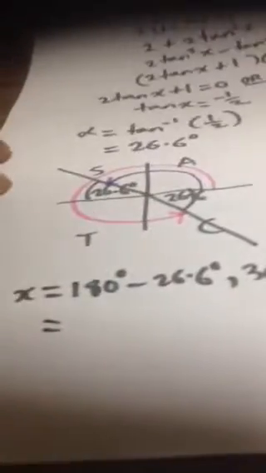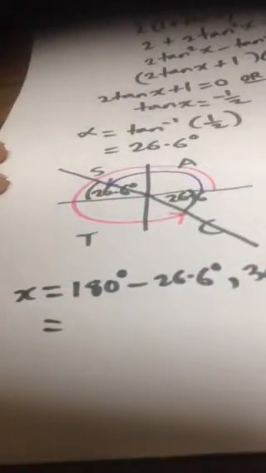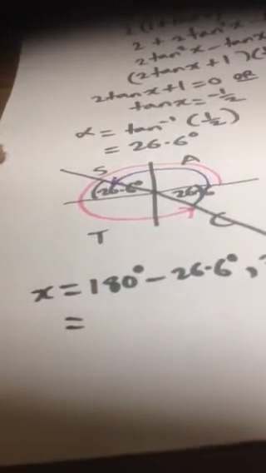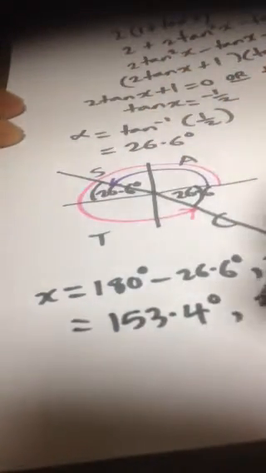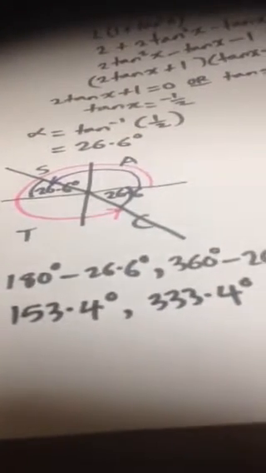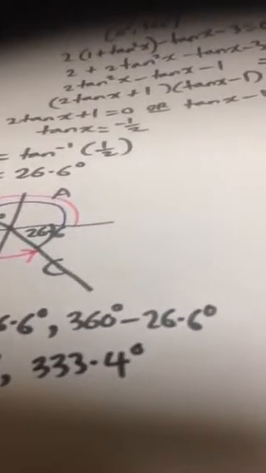So our two solutions for 2 tan x plus 1 equals 0 are 153.4 degrees and 333.4 degrees.